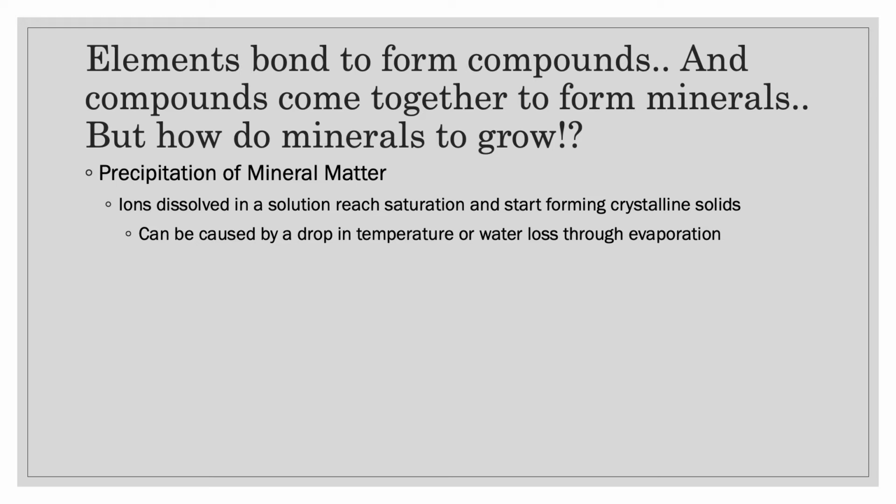This is when ions, so positively or negatively charged atoms, are dissolved in a solution, like water, and the concentration of the ions in that solution reaches saturation, or there are too many ions within that solution. And then crystalline solids start to form.